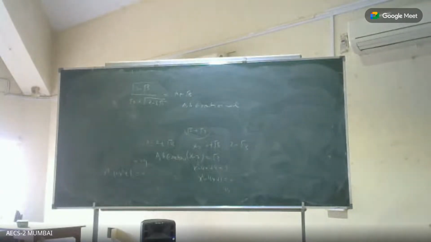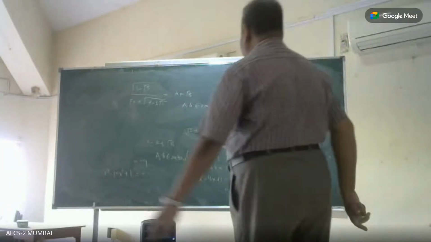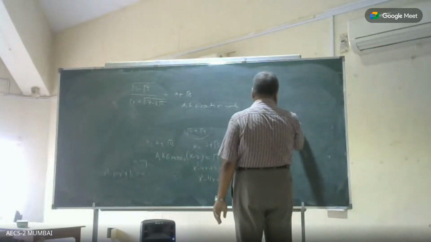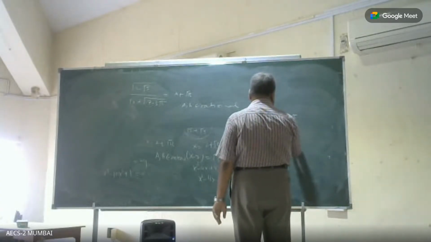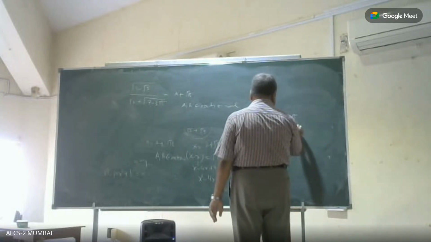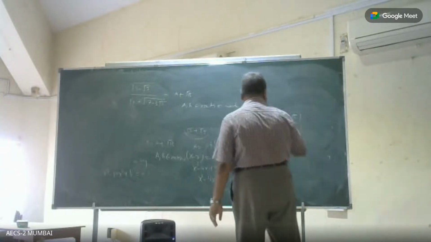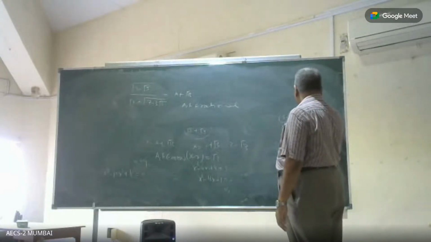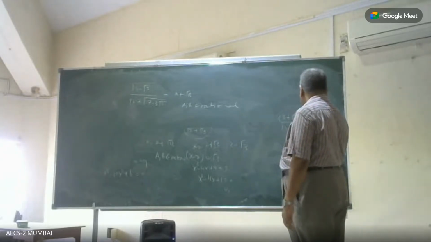So you simplify this. What will we do first? Generally with surds, suppose you want to simplify this surd, you multiply by the conjugate.